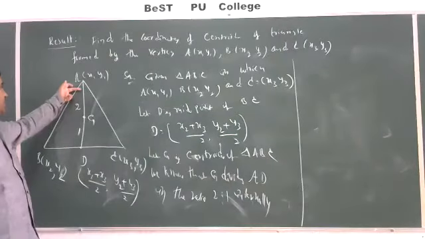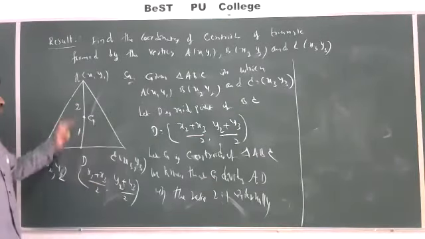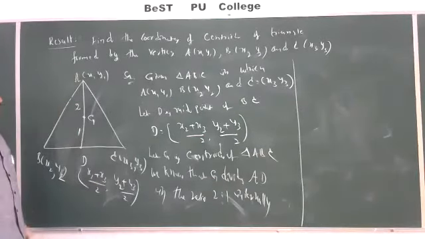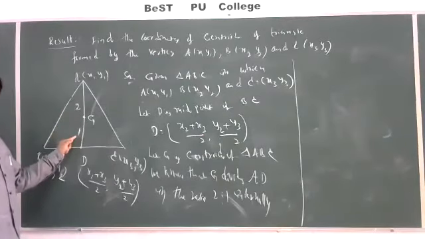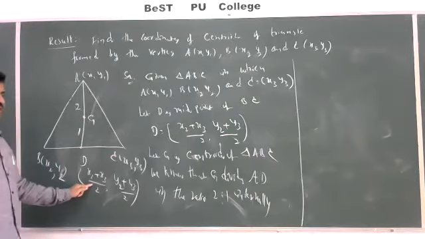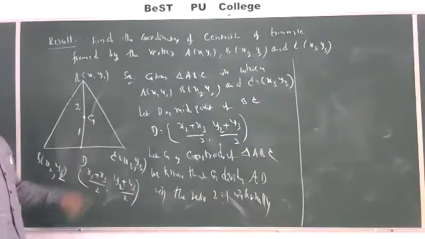So applying the internal division formula, (mx2 + nx1)/(m + n). In this case, m is equal to 2, n is equal to 1, and x2 is (x2 + x3)/2, x1 is x1 only.